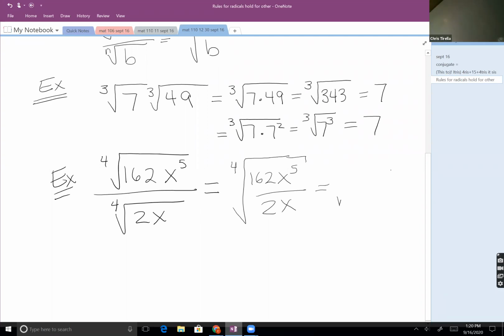We're going to keep the fourth root. 162 divided by 2 is going to be 81. X to the fifth divided by x to the first is x to the fourth. And then I believe we already noticed that the fourth root of 81 is 3. And then what would I raise to the fourth power to get x to the fourth? Just x. And so that result would be 3x.